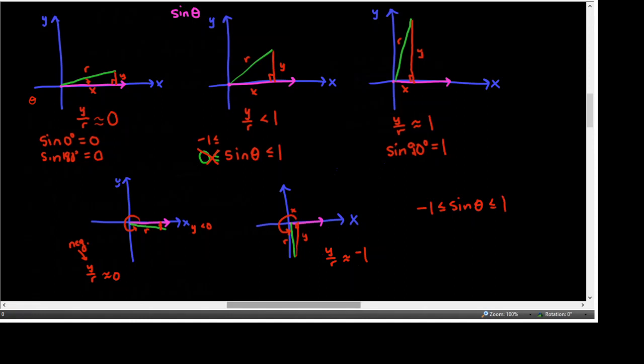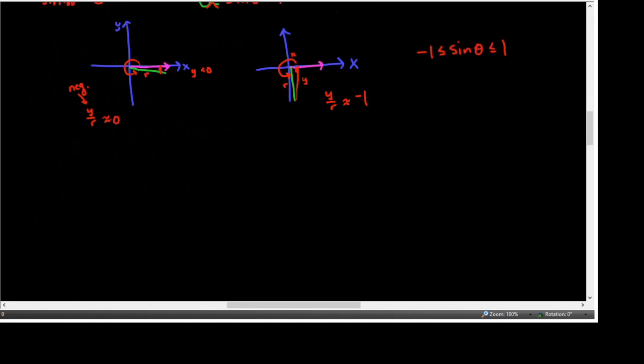Those are all the values you can get for sine. Like if someone came along and said, hey, I found sine of 12 degrees is 16, you need to laugh in their face because that's impossible. If someone takes the sine of any angle, no matter what angle they're taking it of, the answer has to be negative 1, positive 1, or something in between those two. That's it. Okay?